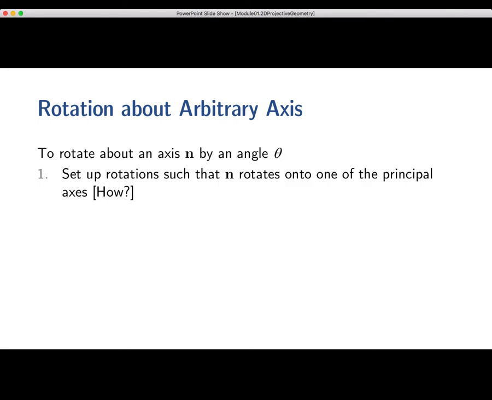I'm going to do the same thing here. I want to rotate about an arbitrary axis. I will first move that axis onto one of the principal axes, because I only know how to rotate about a principal axis, I don't know anything else. So I'll rotate this axis onto one of the principal axes, then do what I know how to do: rotate about that axis by one of those Euler matrices that I showed you, and then undo whatever transformation I did in step one.